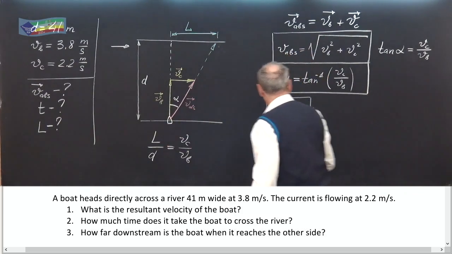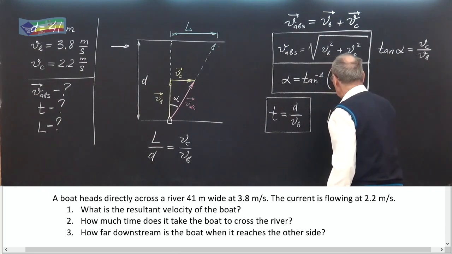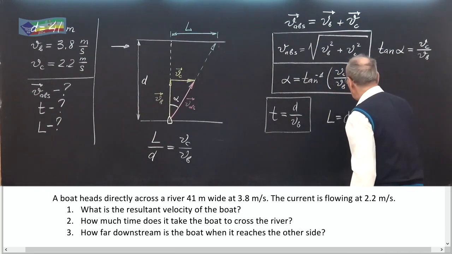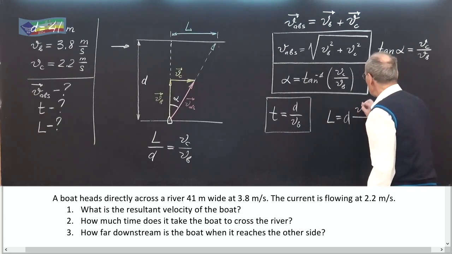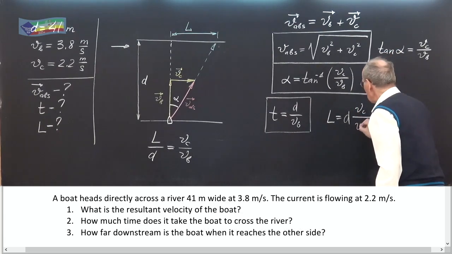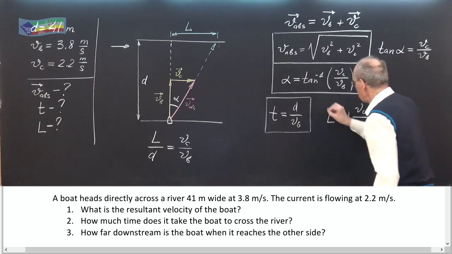From here we get L equals d times VC divided by VB.